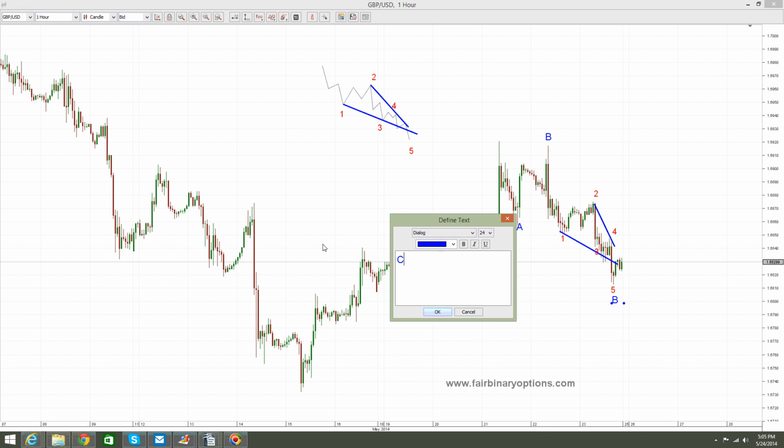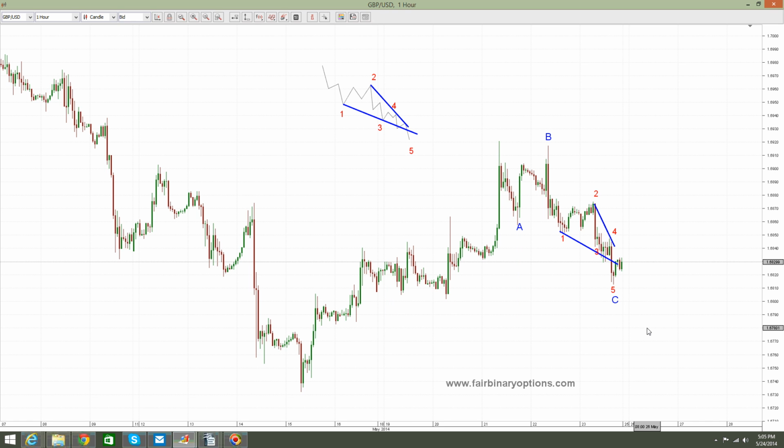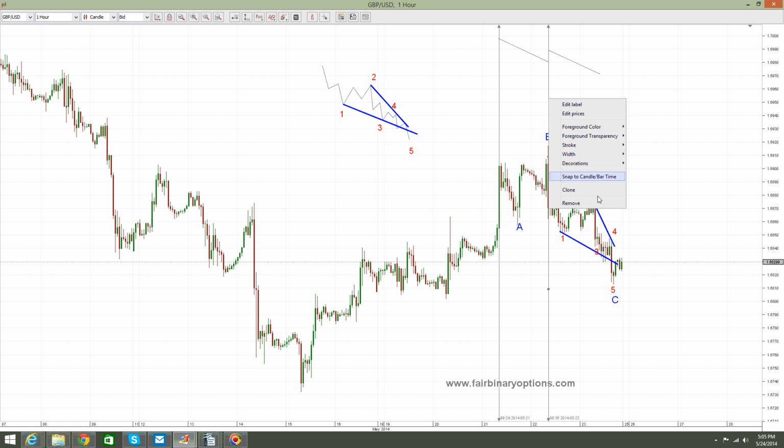Now, an important mention: if you measure the time taken for the B wave to form, for both waves A and B, and project this time element on the right side, like this, and then you take a vertical line, you can see that the time taken for the last wave to form is almost equal to the time taken for waves A and B together.